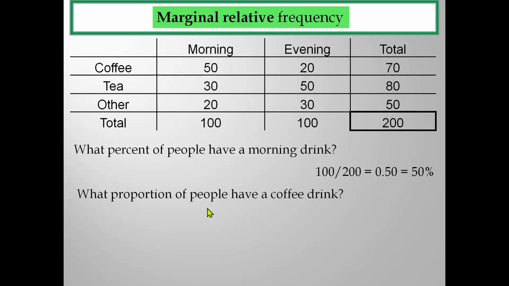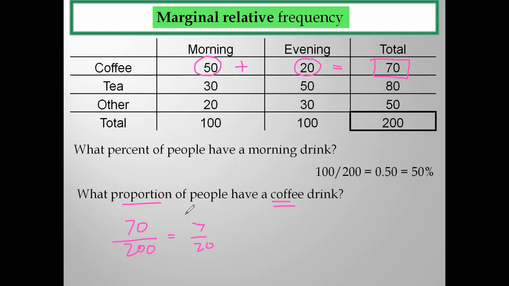Let's look at a second example for marginal relative frequency. What proportion of people have a coffee drink? In this situation, we're going to add up the coffee drinks. So we have 50 plus 20 giving us a total of 70. So what proportion is the coffee drinkers? That would be 70 divided by our total, which simplifies to 7/20.